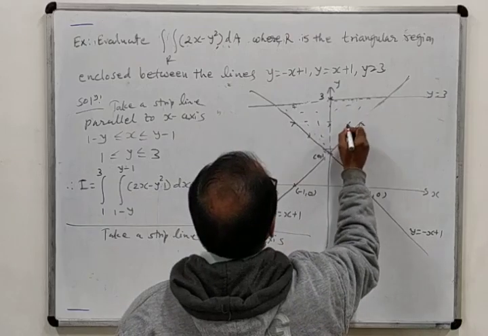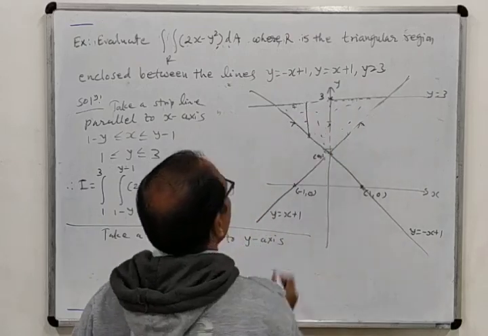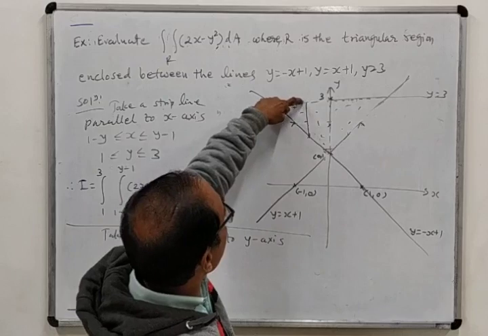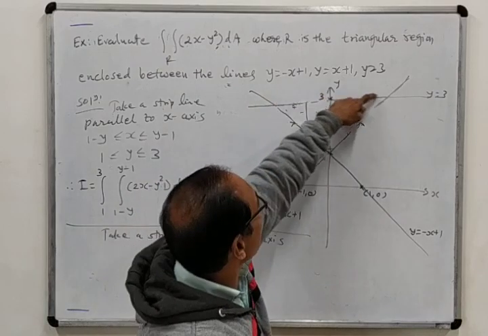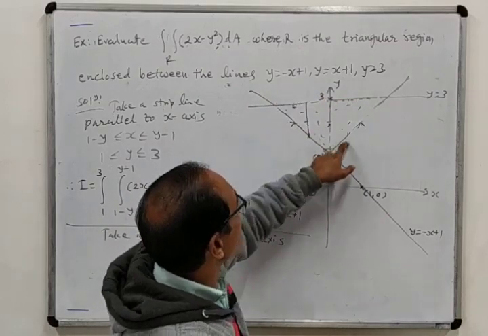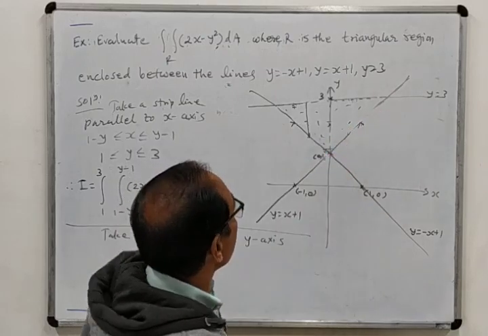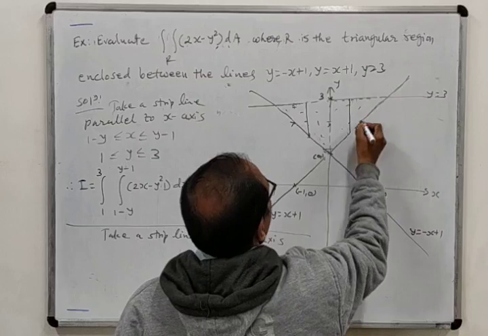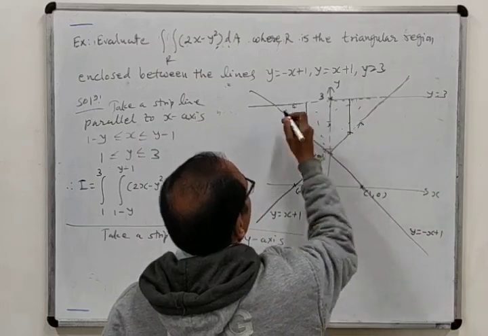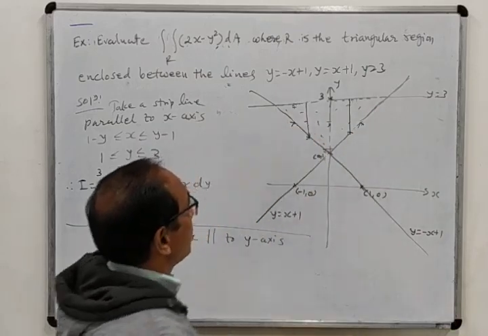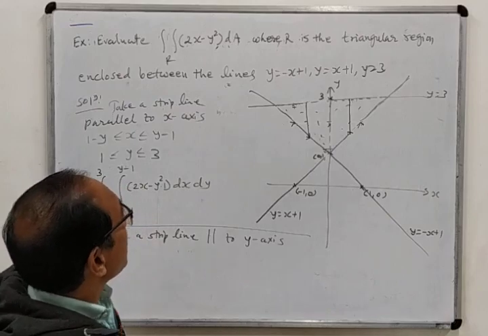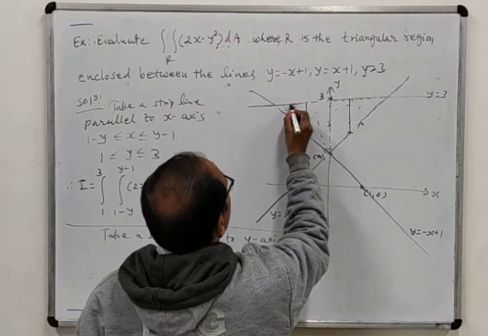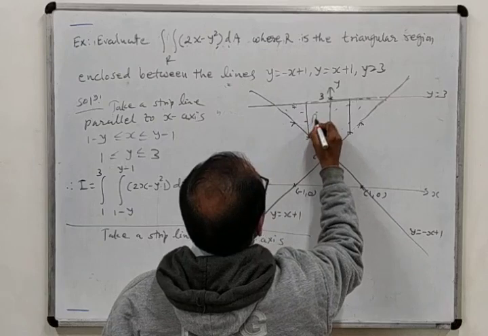This is the region. I will consider a strip line parallel to y-axis. I told you that the upper end point lies on the same curve, but this lower end point changes its position on the curve. That means if I draw a strip line here, then this lower point is on a different curve and this lower point is on a different curve. So here in this case we will have to divide the whole region R into two sub-regions.